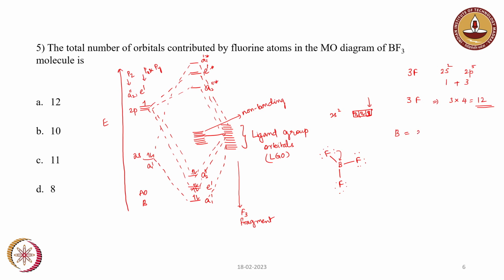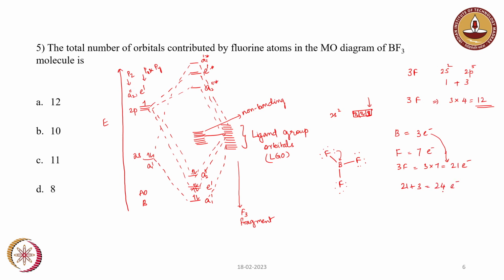In boron there are 3 electrons, and in one fluorine there are 7 valence electrons, and we have 3 fluorines, that is 3 into 7, that is 21 electrons. So a total of 21 plus 3, that is 24 electrons.